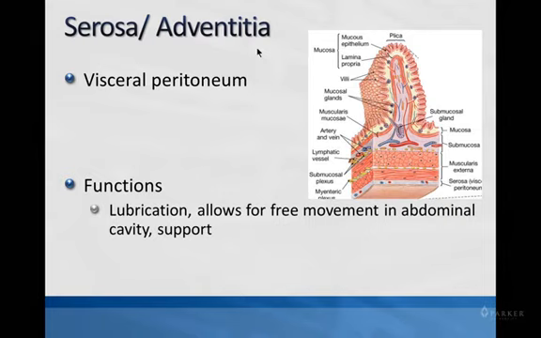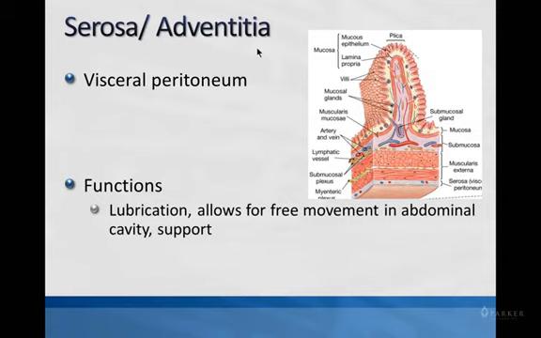It will have different functions depending on where we are. So we'll have a Serosa anywhere you have more of a free movement. If it's not firmly attached to the wall, it's more of a Serosa. So the small intestine is surrounded by Serosa. The large intestine is surrounded by the Serosa.